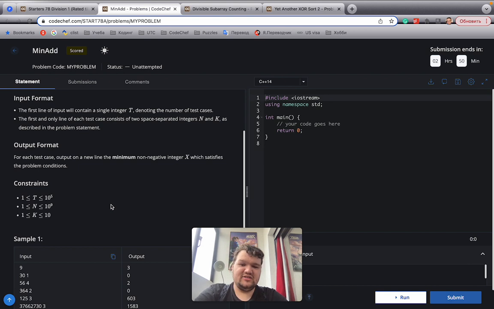It's simple. If we already have more than k distinct digits, then it's not possible, obviously, since we can only add digits. Otherwise, we can take some digit from the prefix and repeat it, so we will not have any new digits. And that's pretty much it.